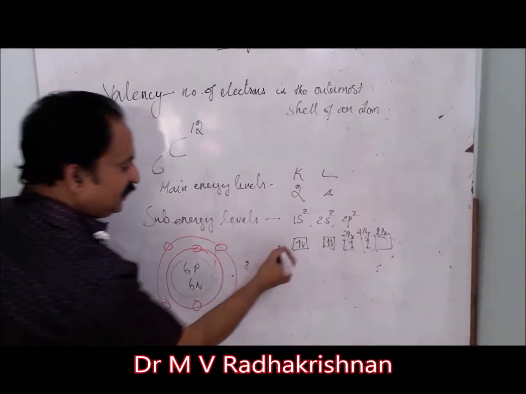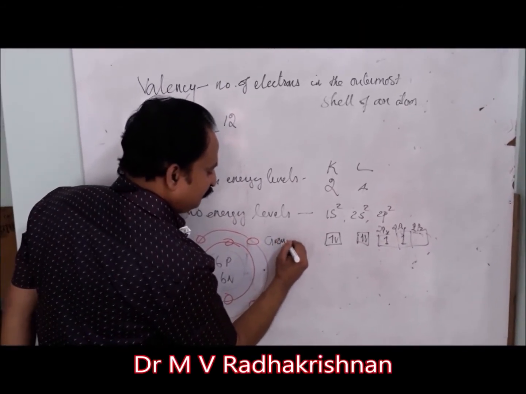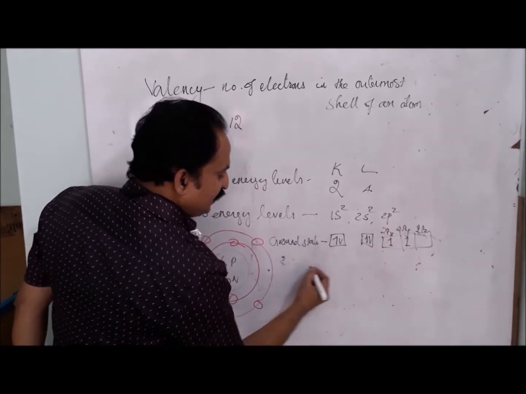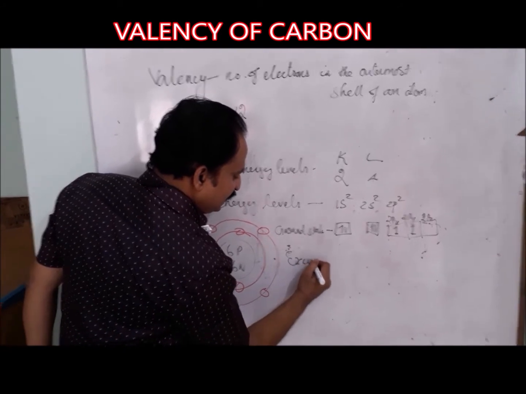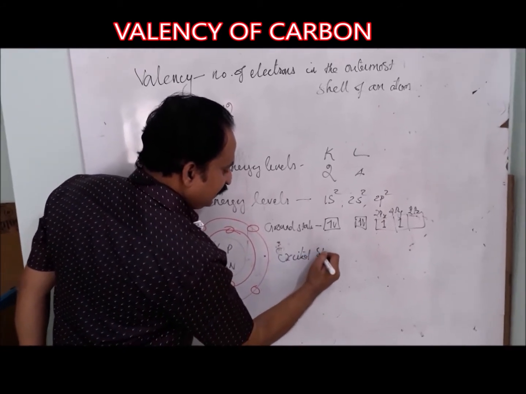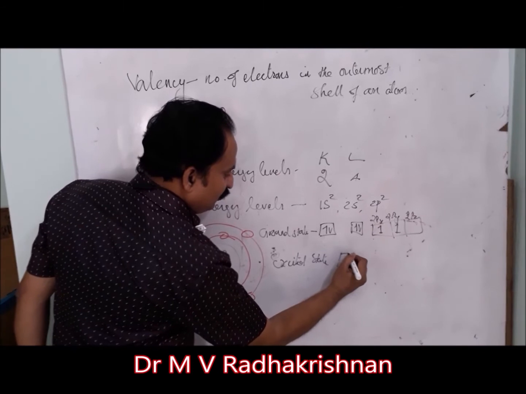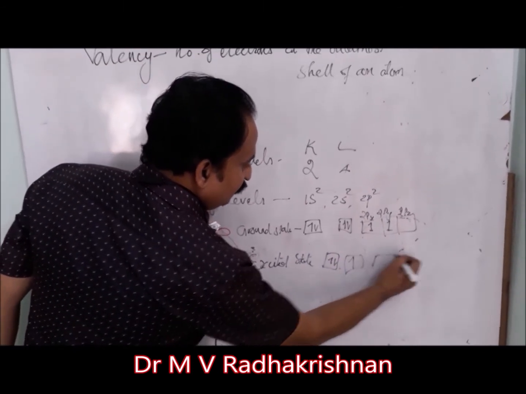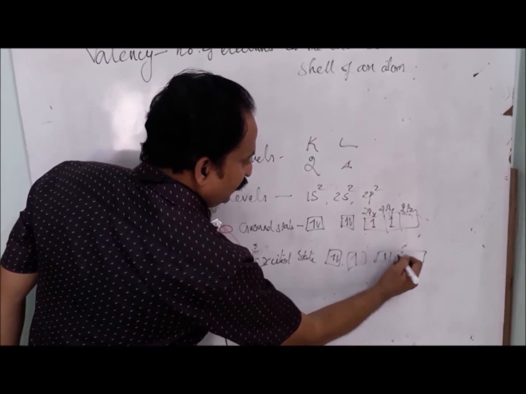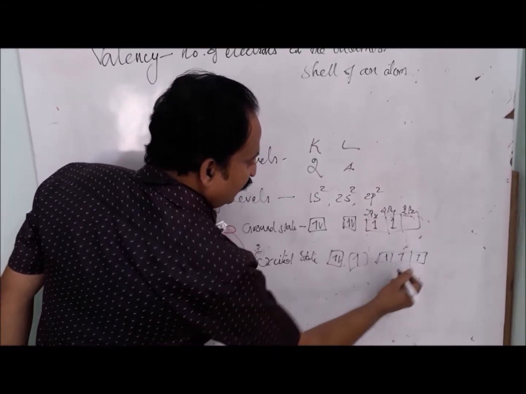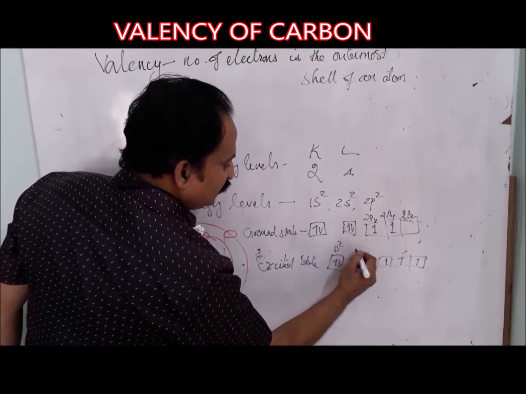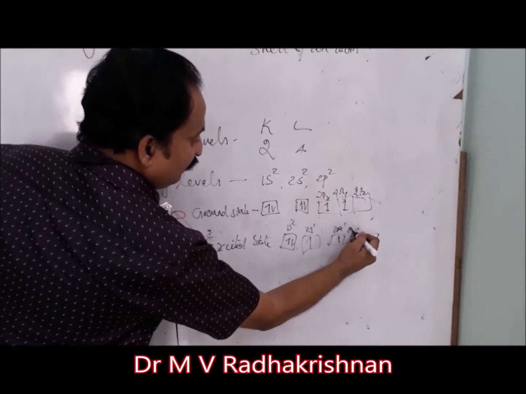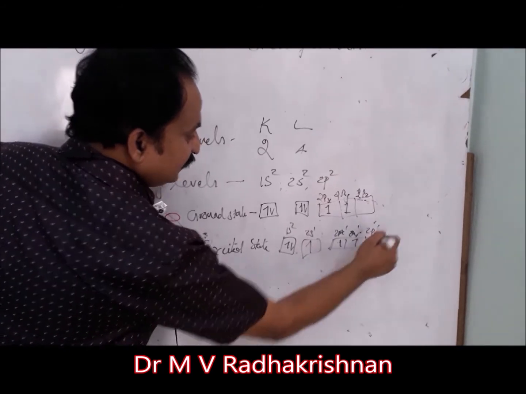In the excited state, the electronic configuration is 1s2, 2s1, 2px1, 2py1 and 2pz1.